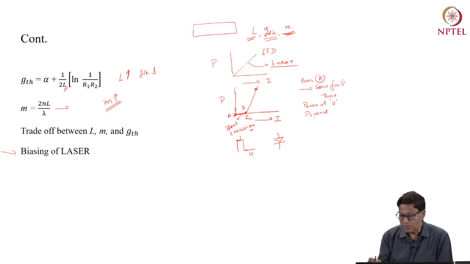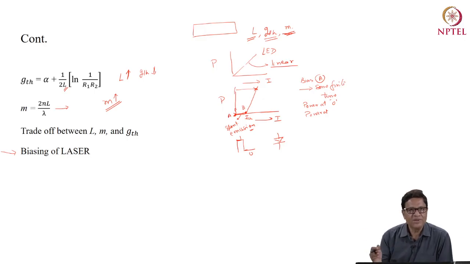So extinction ratio is good here because the power at 0 level is almost 0, and power at 1 level is quite high. So that ratio is very high.